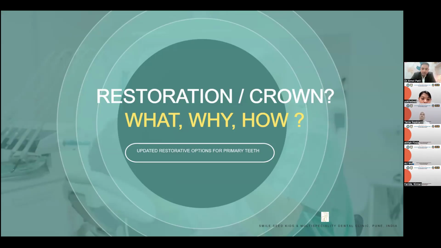Then, if we talk about minimally invasive options, is an indirect restoration a minimally invasive option, or a crown? Why and how will again come into this question. All of these questions will be answered in the subsequent slides. We're going to talk about multiple treatment options, from invasive to minimally invasive, and which one to choose in which clinical scenario.